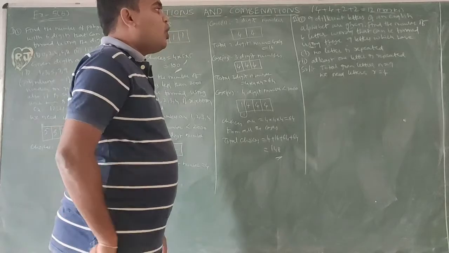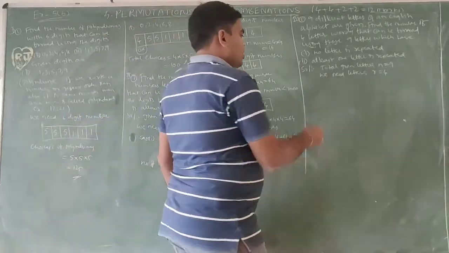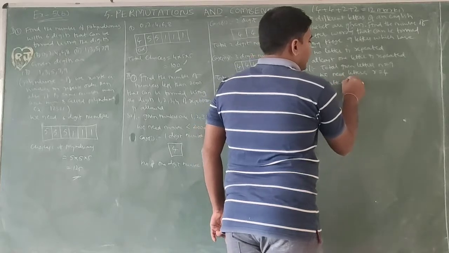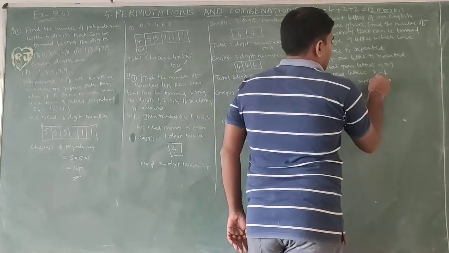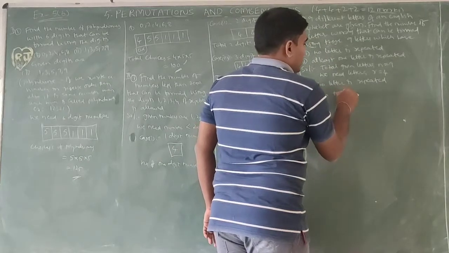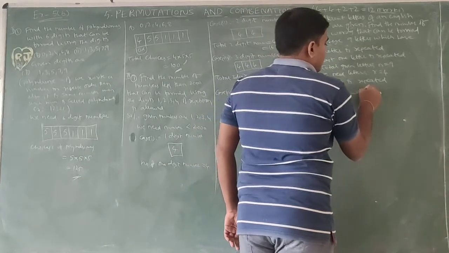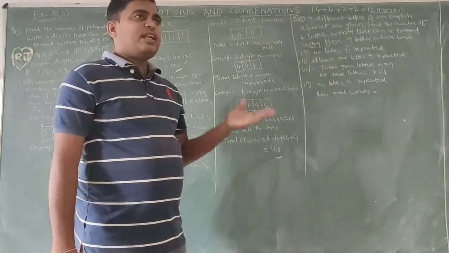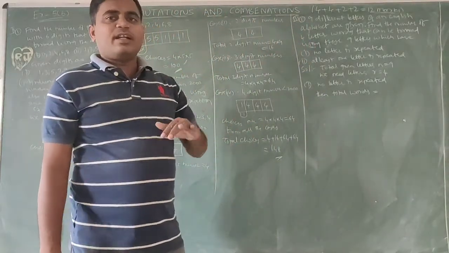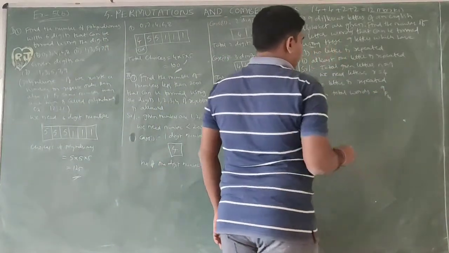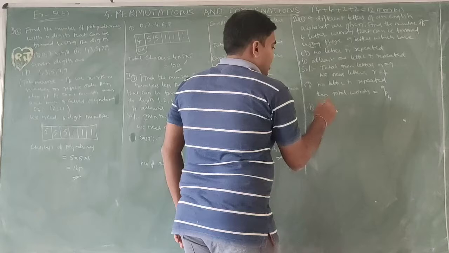Okay, so no letter is repeated. Then total words equal to, so if repetition allowed 9 power 4, repetition not allowed 9p4. So 9p4.